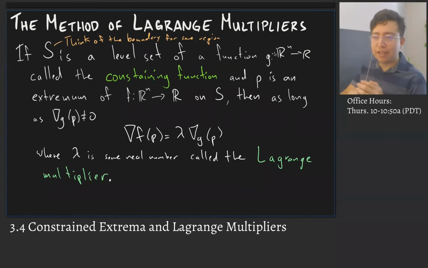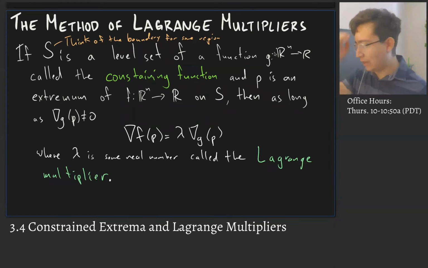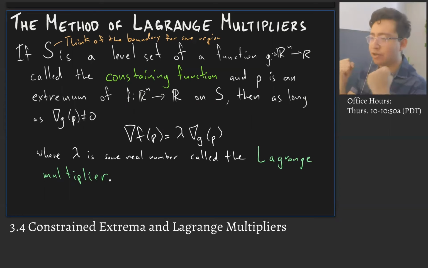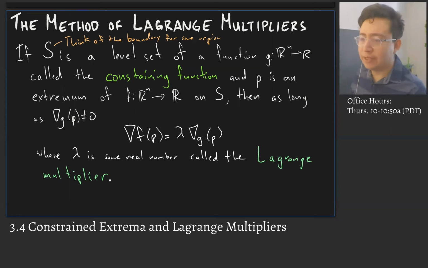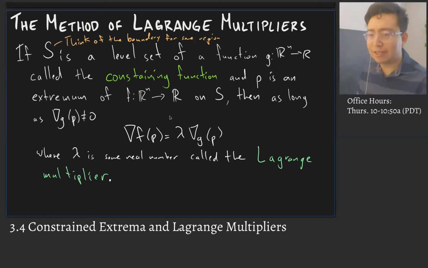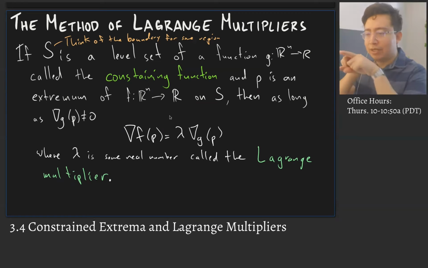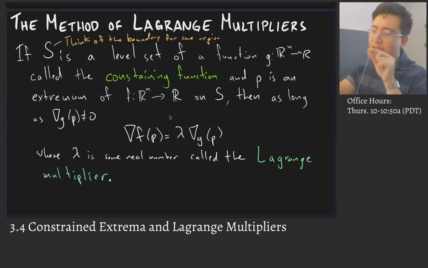G is the function saying, hey, restrict yourself to just vectors which satisfy x squared plus y squared equals 1, or something like that. It's going to be some kind of constraining function. And F is the function you're trying to maximize. What this is telling us is that where the extrema are, the two vectors are lining up in the same direction, just maybe scaled a little bit.